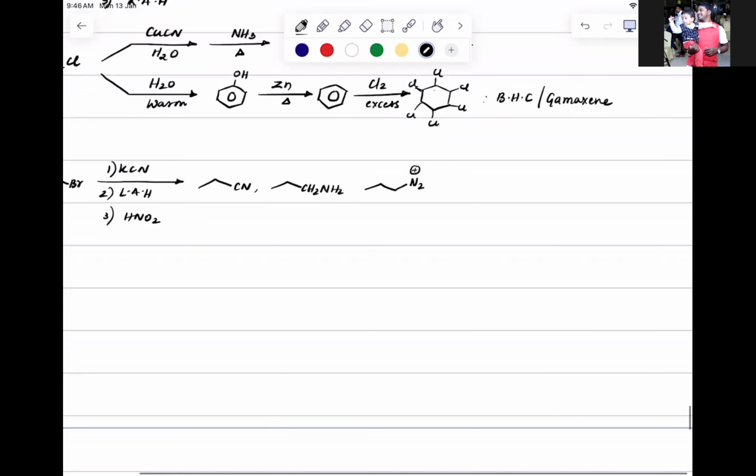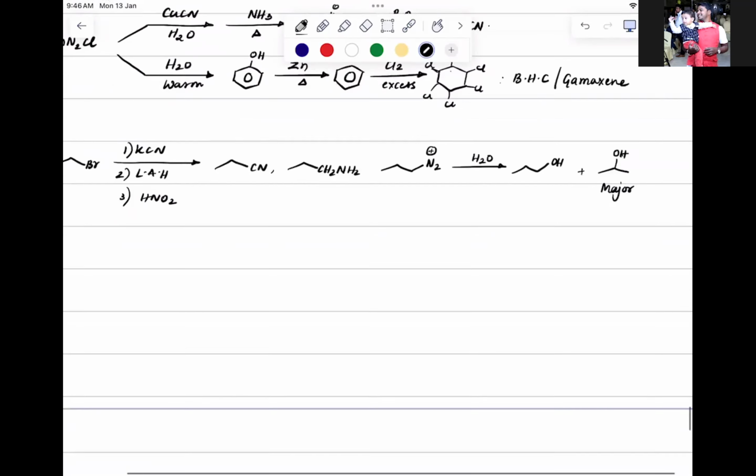But this diazonium salt remains unstable because of hydrolysis. See, if HNO2 is given, hydrolysis is automatically going to happen. H2O is not supposed to be mentioned. So in that case, we will get 1 degree as well as 2 degree alcohol, and 2 degree will be major. Okay. Right.